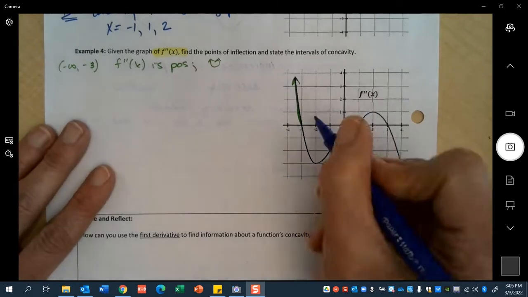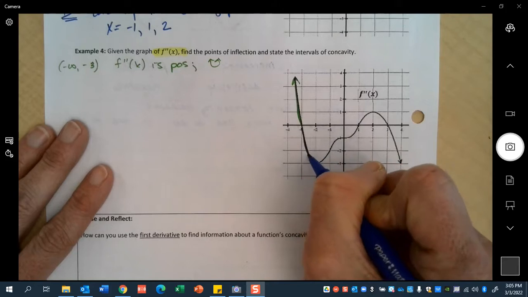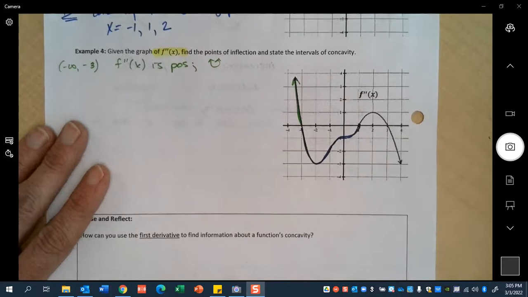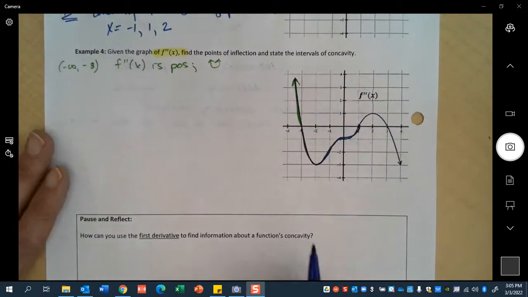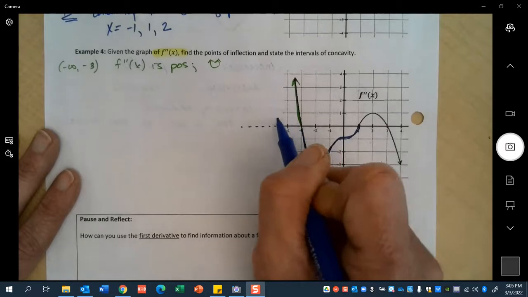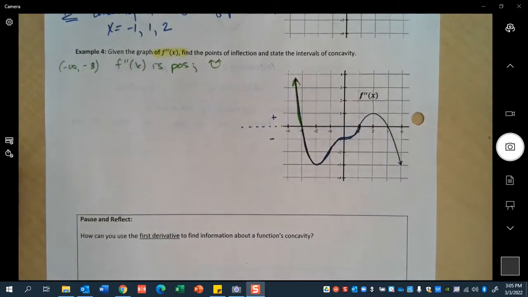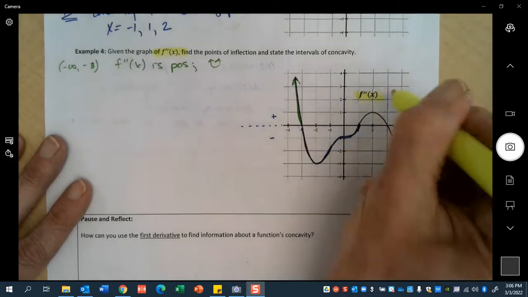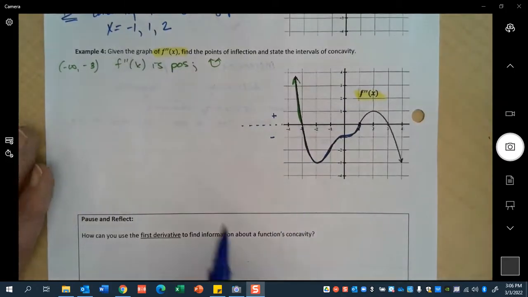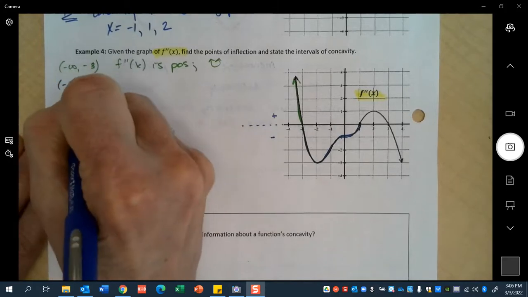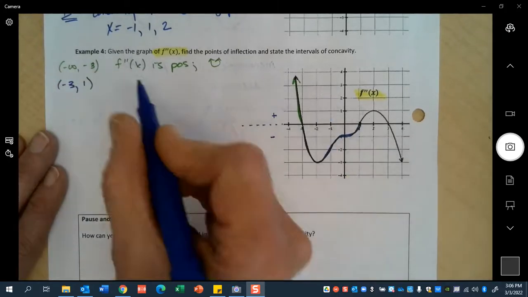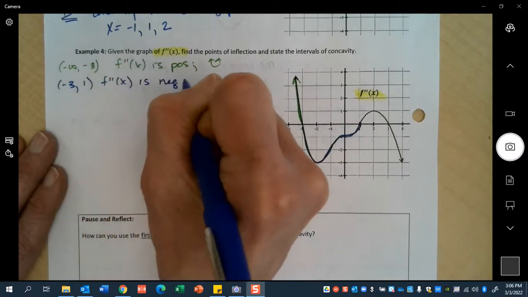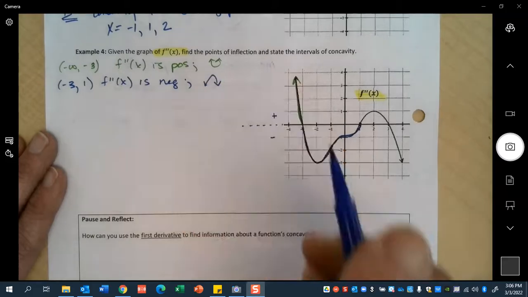Now, when I look at this part, my derivative of my derivative, my second derivative, is negative throughout that whole interval. Because really, I'm just talking about, do I have a positive or a negative output value of my second derivative? So from -3 up to +1, my second derivative value is negative. Therefore, I'm concave down like a frown.